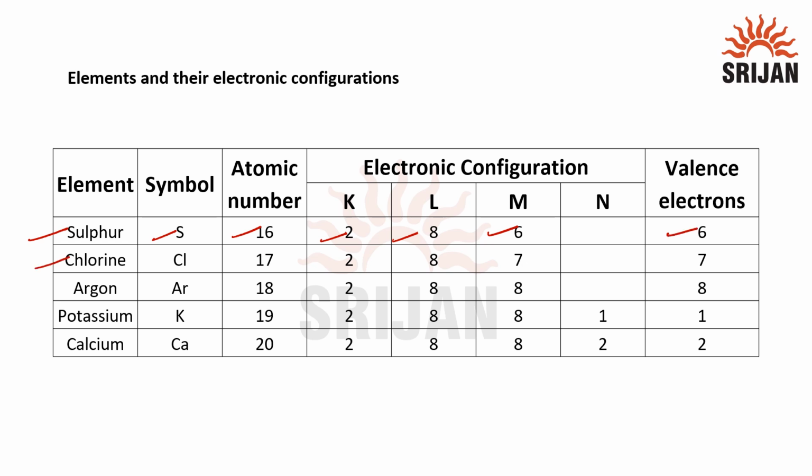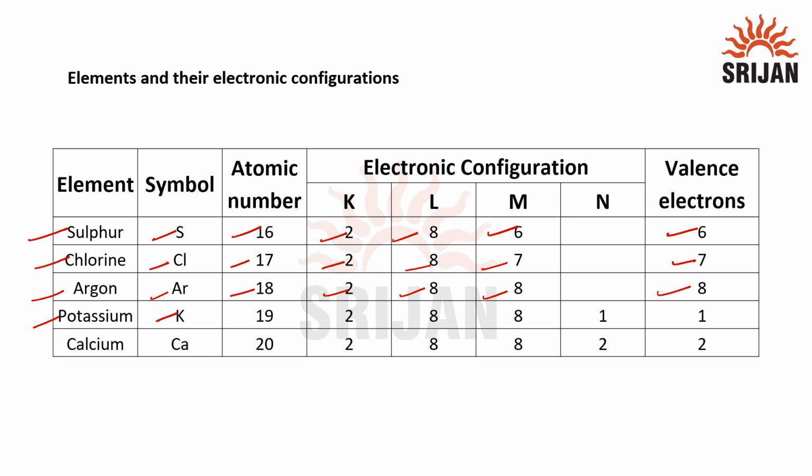Next is chlorine. Symbol is Cl. Atomic number is 17. Electronic configuration is K2L8 M7 and valence electrons are 7. Next is argon. Symbol is Ar. Atomic number is 18 and electronic configuration is K2L8 M8 and valence electrons are 8. Then we have potassium.